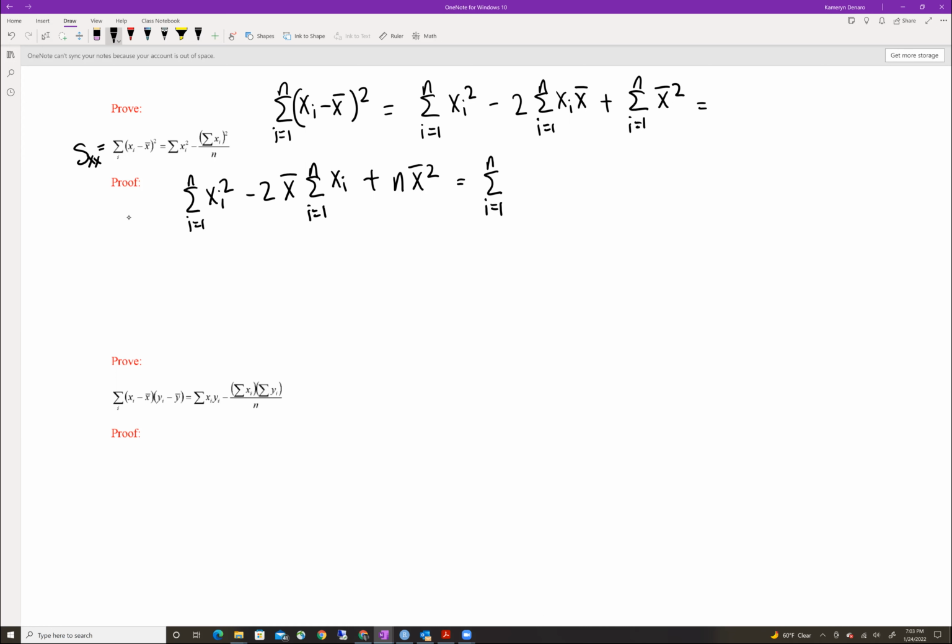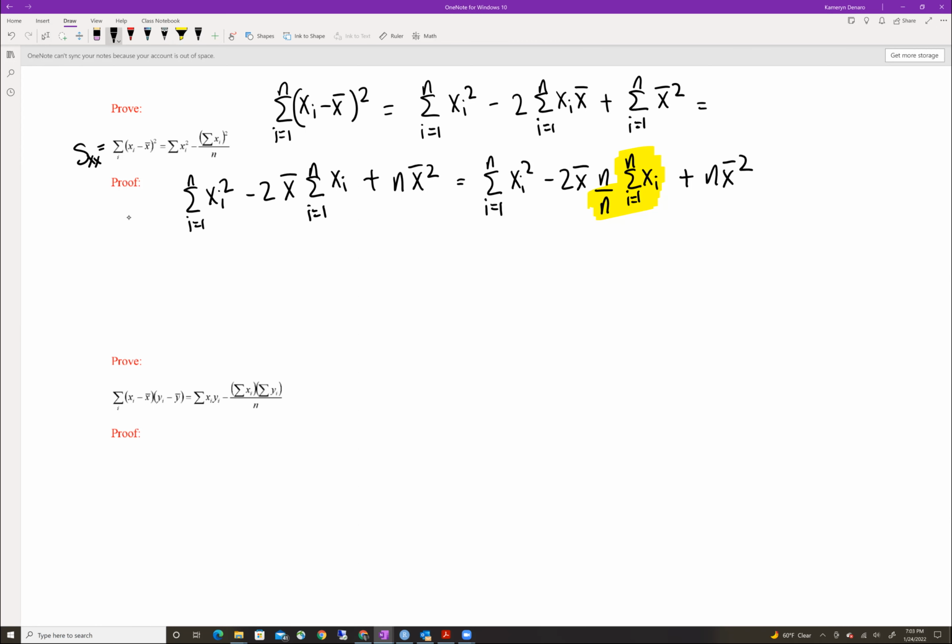We are writing again xi squared minus 2 x bar. I'm going to multiply by n over n because that just equals 1. Summation of xi, i equals 1 to n, plus n x bar squared. And then I'm going to recognize that the summation of xi divided by n, well, that's just another x bar.